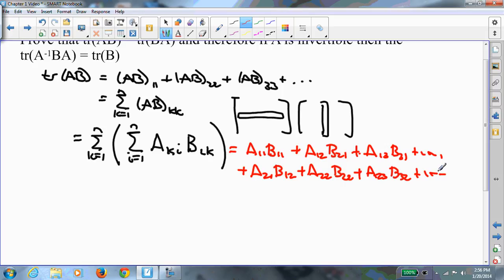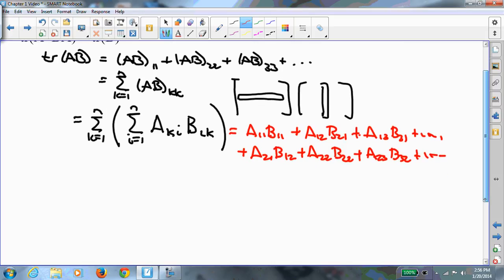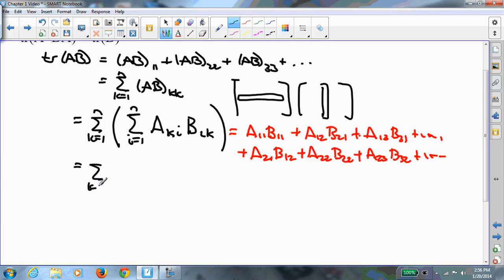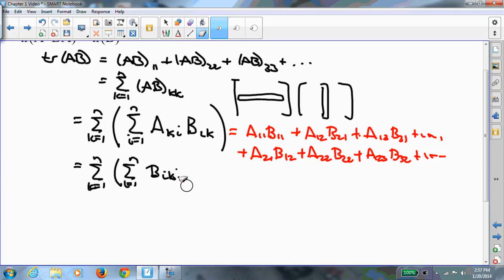Now, since this is a summation, I'm going to reorder the summation. First of all, the two elements inside I can rewrite because that's just a product of two numbers. So I'm going to rewrite that as the sum from i equals 1 to n of B_ik A_ki. And like I said, I can do that because these two are just representing two different numbers, so it doesn't matter if I multiply 3 times 2 or 2 times 3, it equals the same thing.